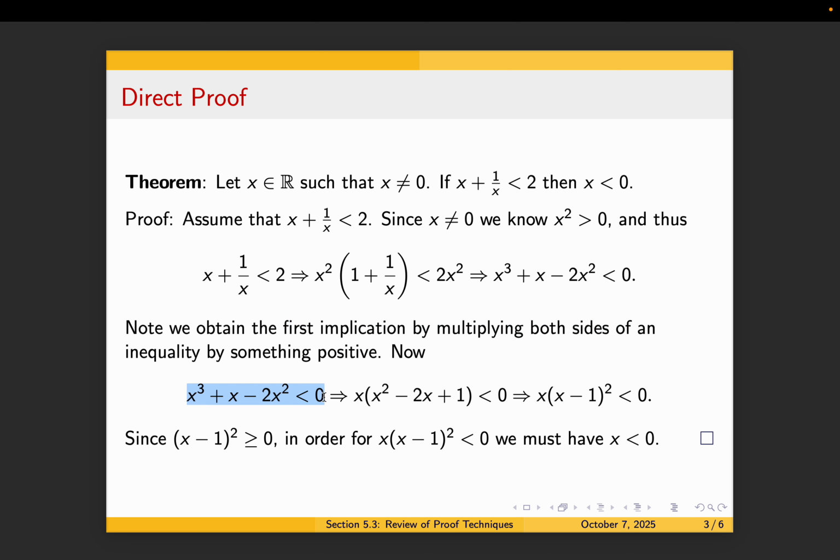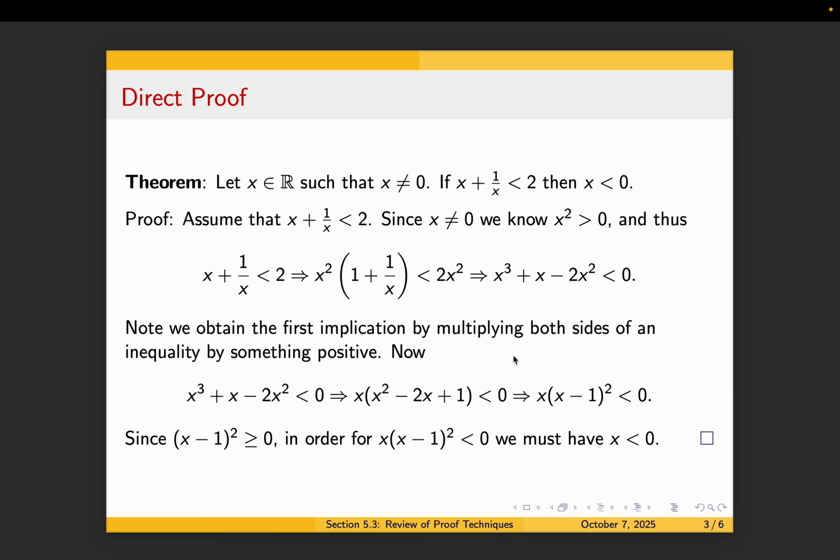Now this inequality we can factor out an x, and then we end up with this, that x times something squared is negative. Now something squared is never negative. So if you're going to do something times something non-negative and get something negative, there's only one conclusion, that x itself must be negative.